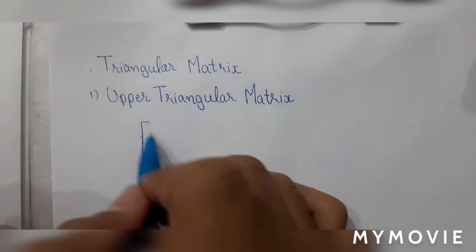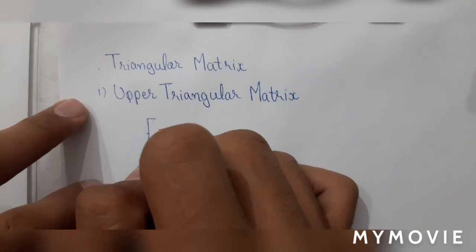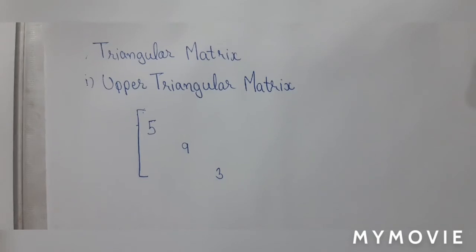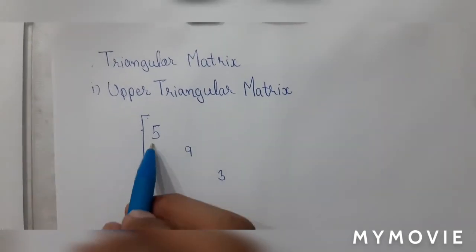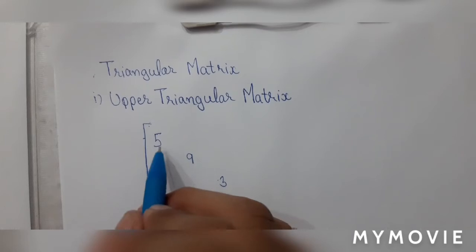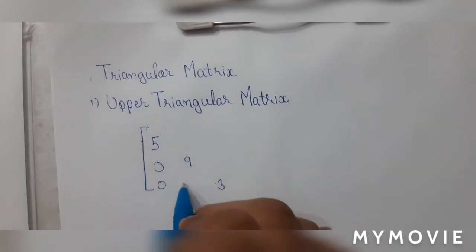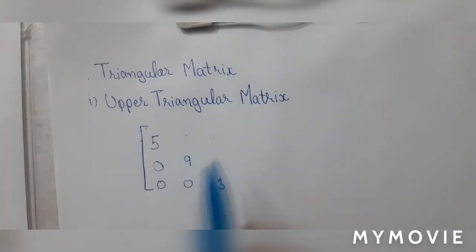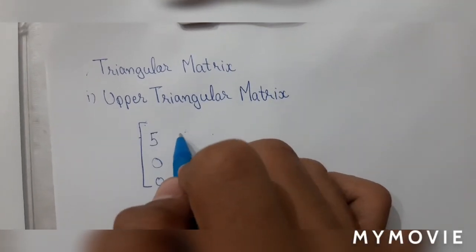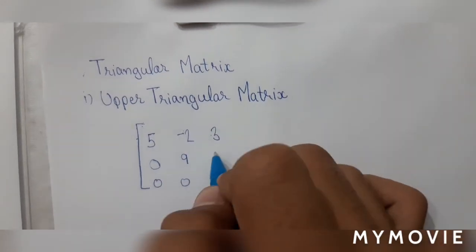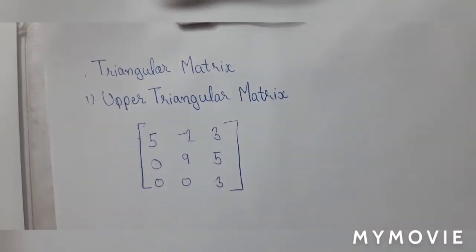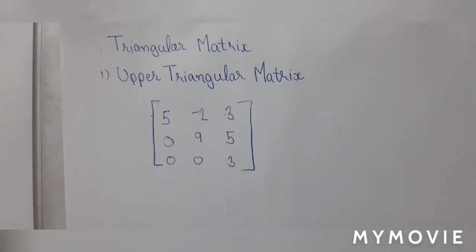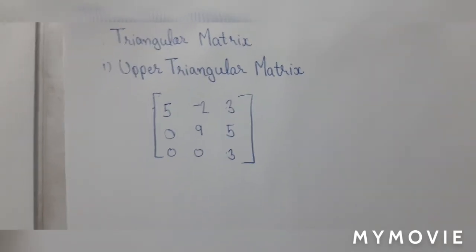Let's see an example. Let's take diagonals as 5 9 3. So the numbers below these diagonals are 0, and the other elements can be anything. Like here we can have -2, 3 or 5. Here we can have any number, but the numbers below this diagonal should be 0. So this is an upper triangular matrix.